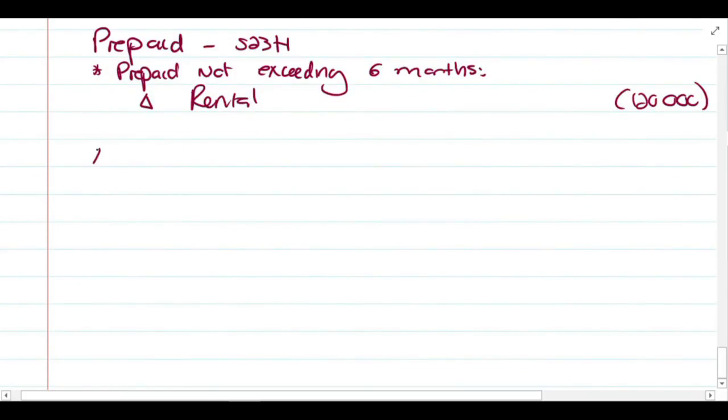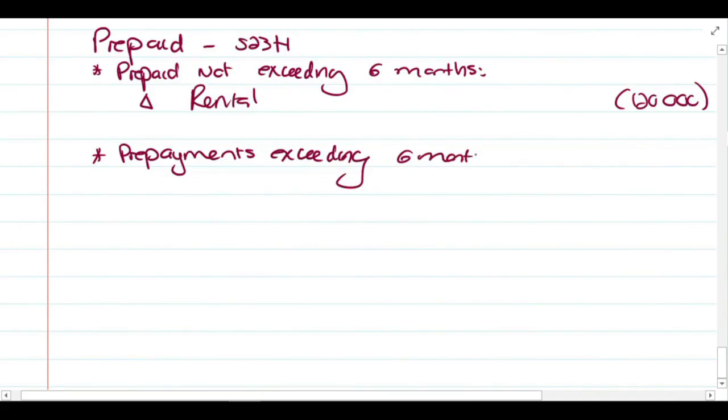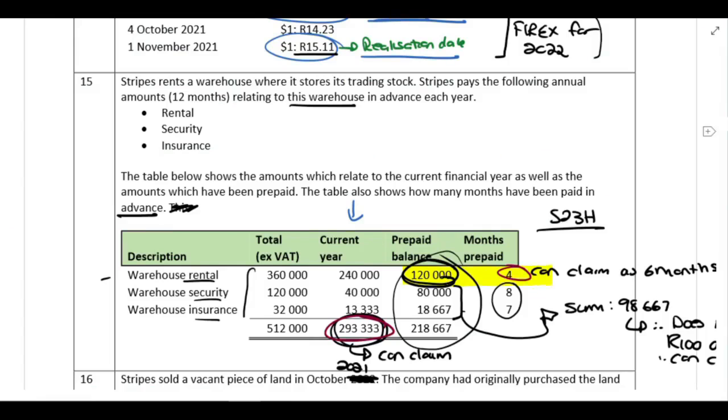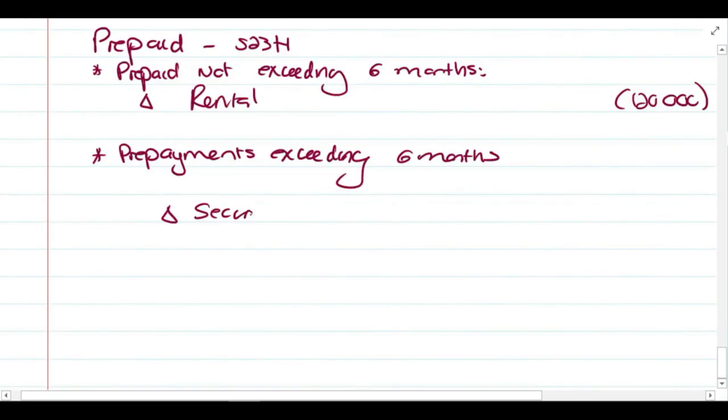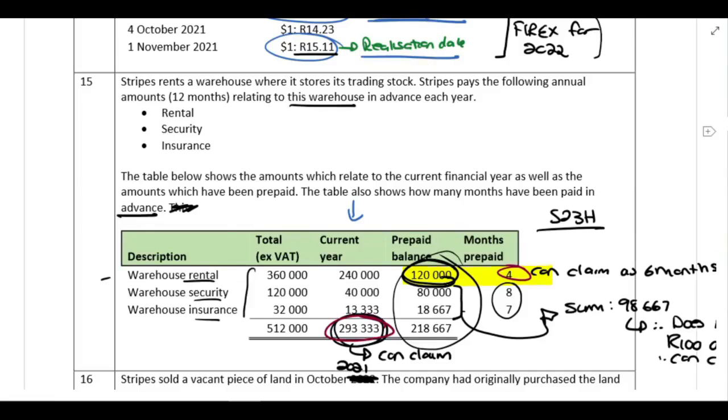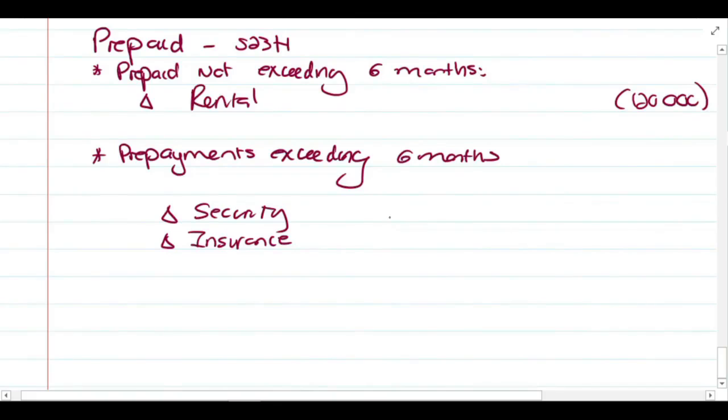So prepayments exceeding 6 months, what do we have here? Security and insurance. The security and insurance, 80,000 plus 18,667, gives us 98,667.